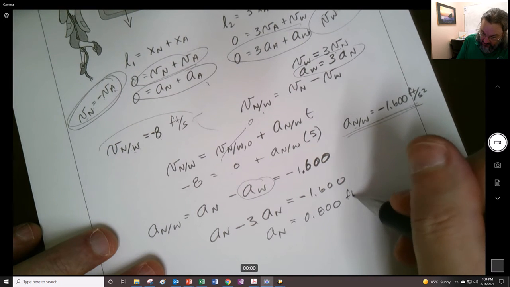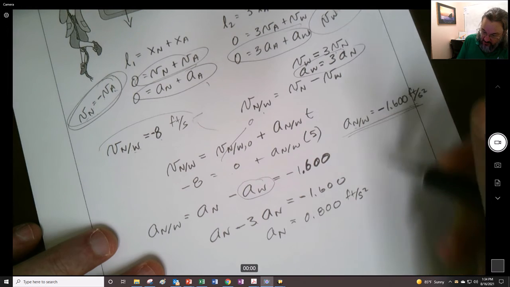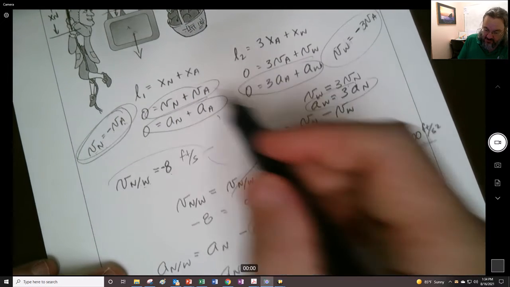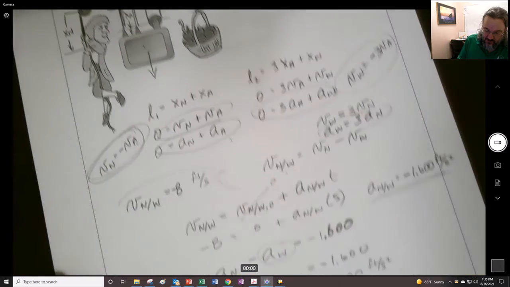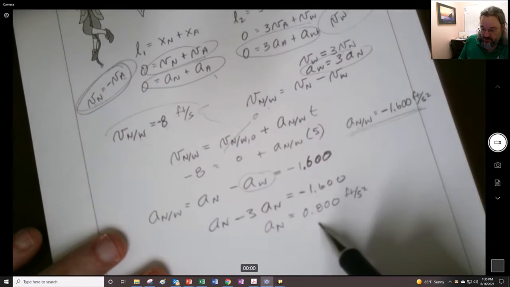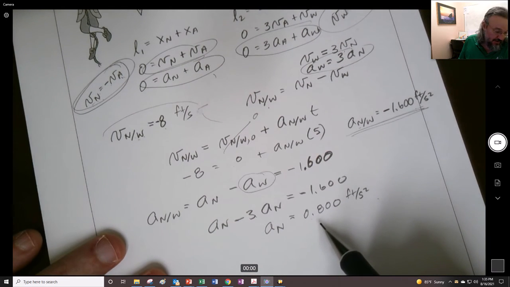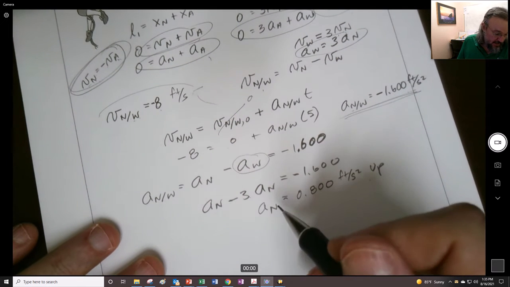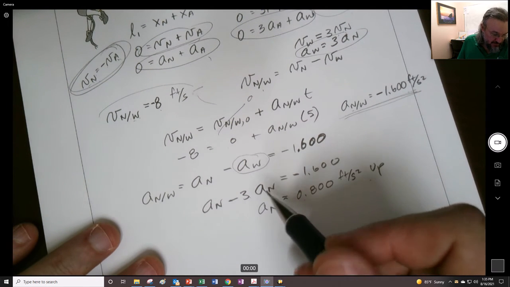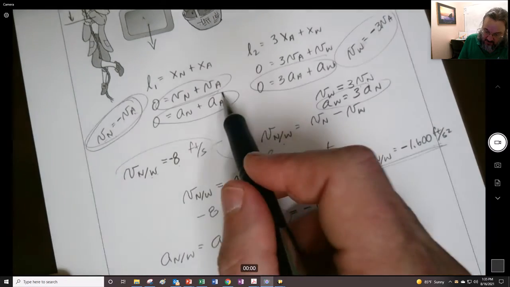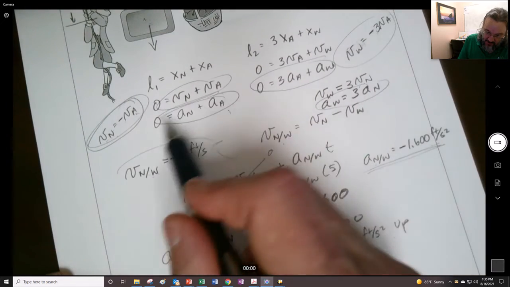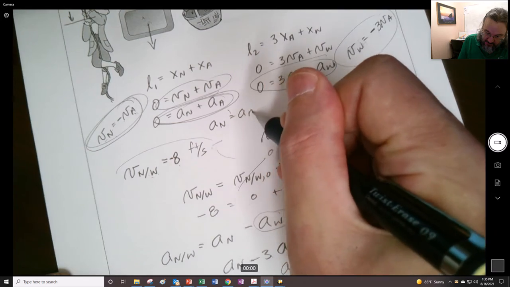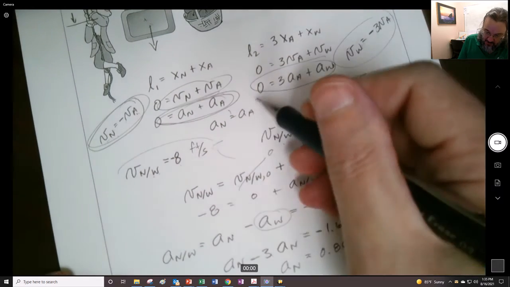And feet per second squared, and that must be going upwards, right? Because the acceleration of A is downwards, right? The A is moving downwards, so newt dog must be accelerating upwards. And because we know that this relationship exists right here, the acceleration of newt dog is equal to the acceleration right here.